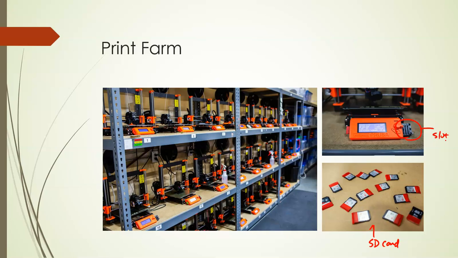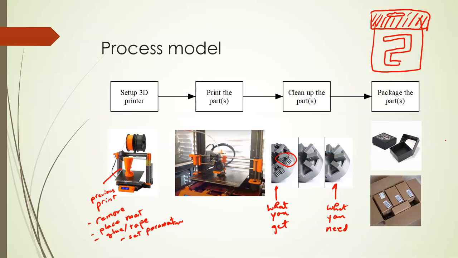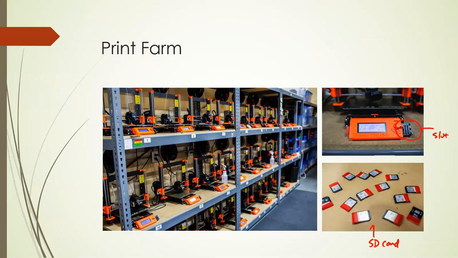And just imagine, over here we are talking about removing the previous print, placing the mat back, putting on the glue or tape as needed, and starting to set parameters. That includes loading the model and then setting up the extruder speed, print speed, temperature, and so on.